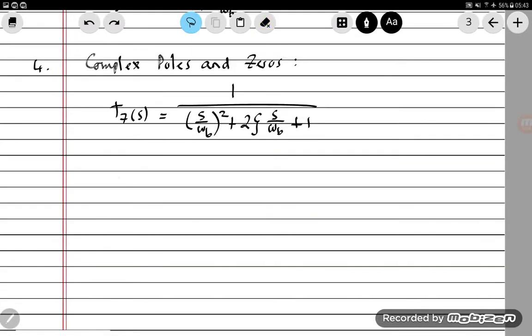And let's use T8 of S for the 0. And again, I see I've made a mistake, or someone pointed out in class that I made a mistake in the slides in defining this transfer function for the pole. So just have a look. I think I didn't use brackets. I just said this, and it should be this.